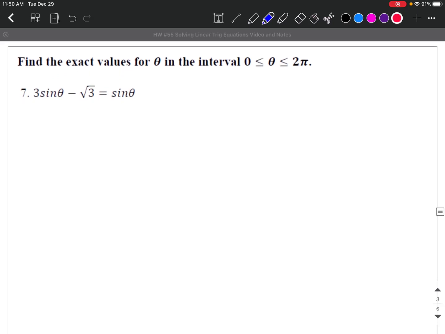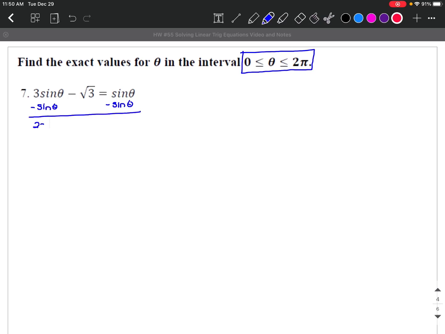Now, in number 7, the next example, I'm going to change the domain to be from 0 to 2 pi. So now you're going to have to give me your answers in radian form. So that's the only difference with this problem. Okay? So here we go. We start solving like normal. I'm going to subtract sine theta from both sides.